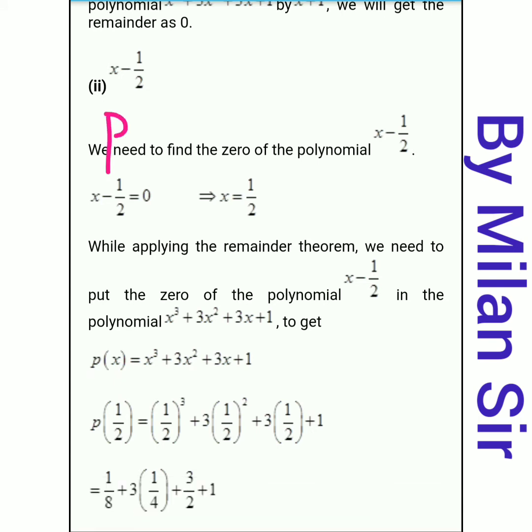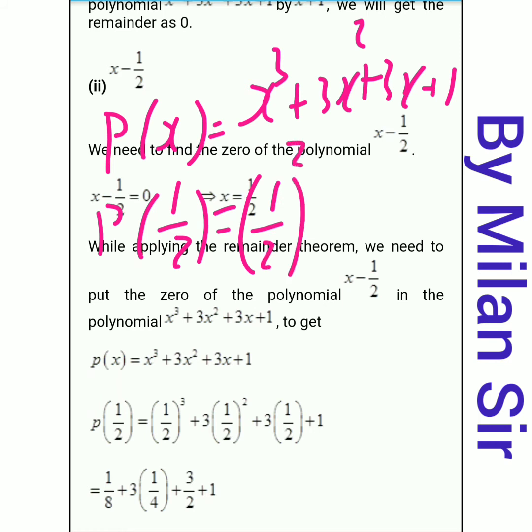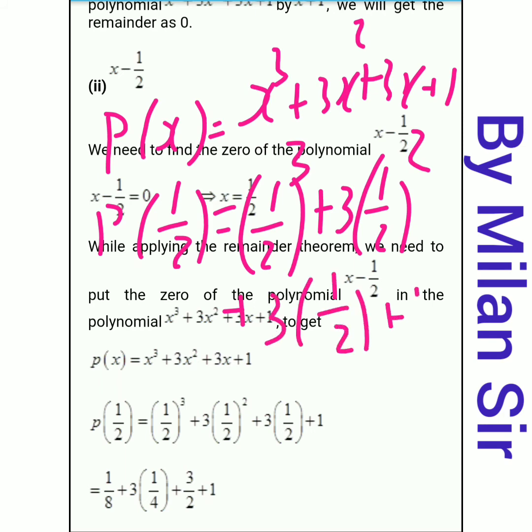So our p of x is equal to x cube plus 3x square plus 3x plus 1. Now put 1 by 2 in place of x. So 1 by 2 cube, 3 into 1 by 2 square, plus 3 into 1 by 2, and plus 1.